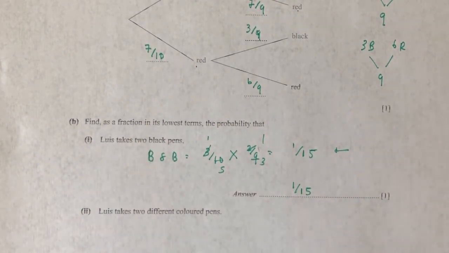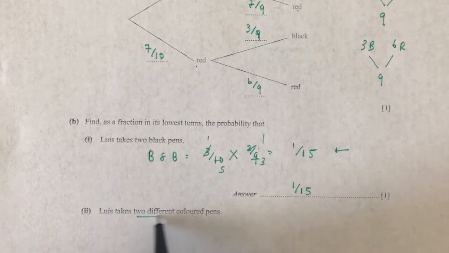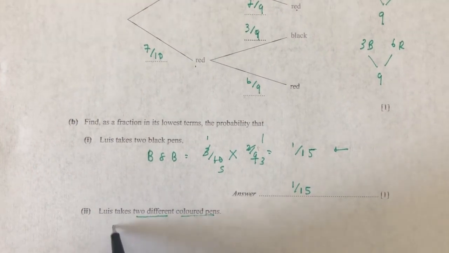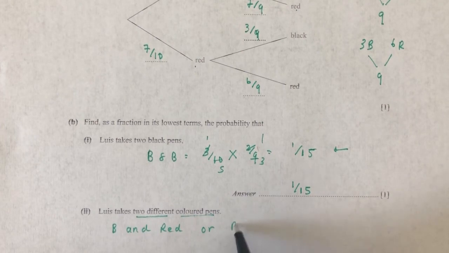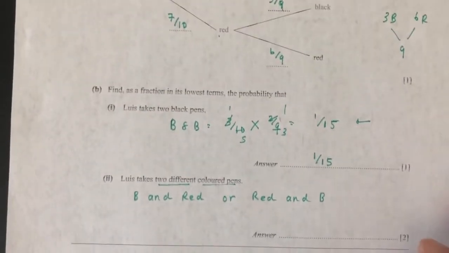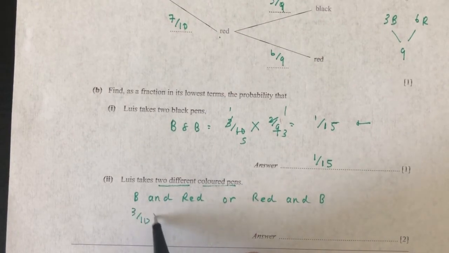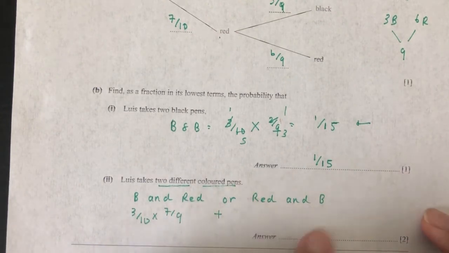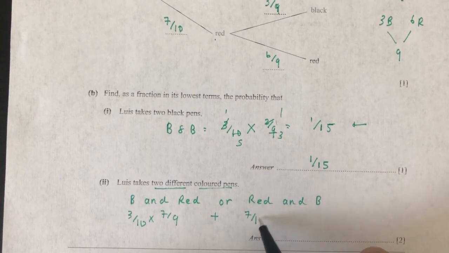So now part 2. Luis takes 2 different colored pens. So he can take black and red, or he can take red and black. So the first case will be black and red: 3 over 10 times 7 over 9, plus red and black. Red will be 7 over 10 times black, 3 over 9.